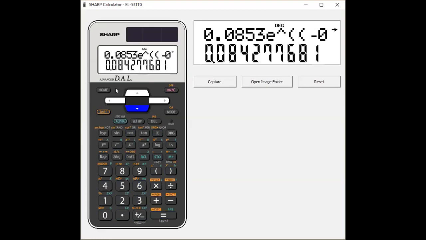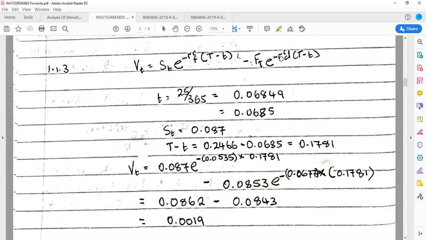And then you get 0.0843 if you round off to 4 decimal places. So that's how I got these two values, and then I subtracted them, and then that gave me 0.019. Okay, so this is the value of the contract.